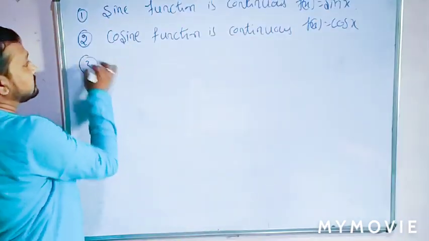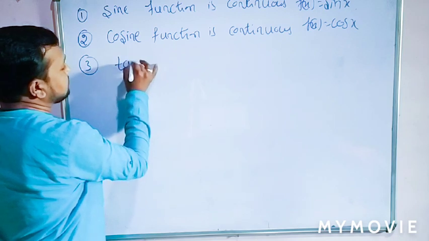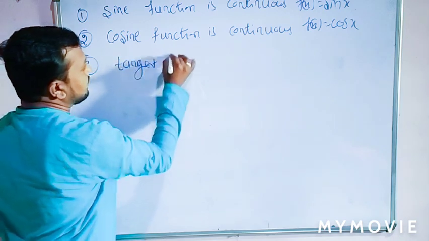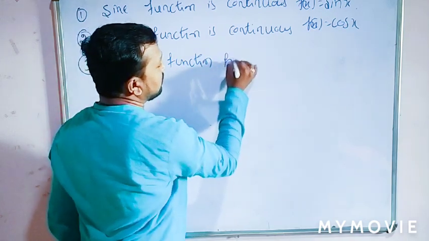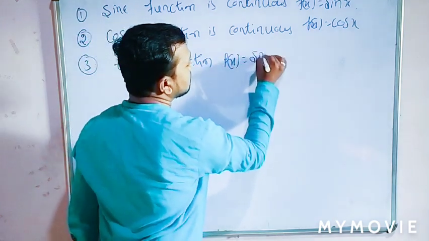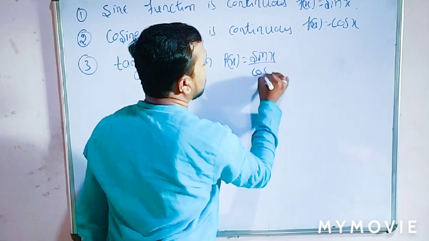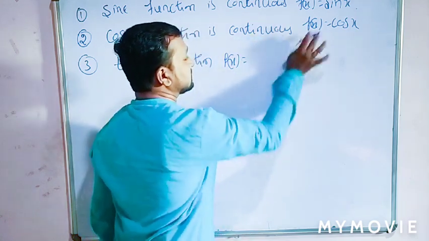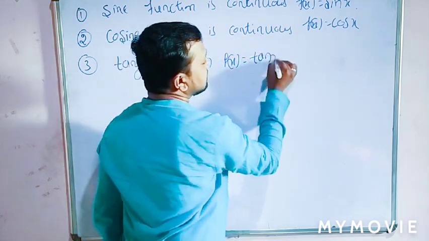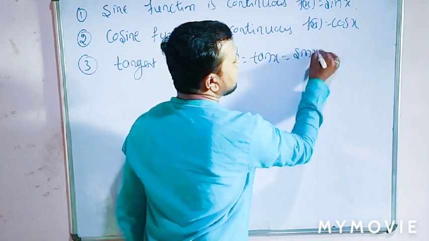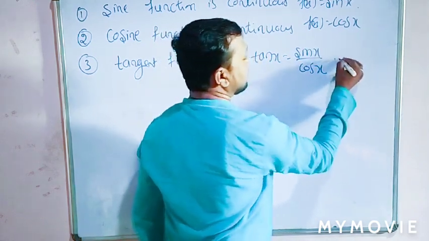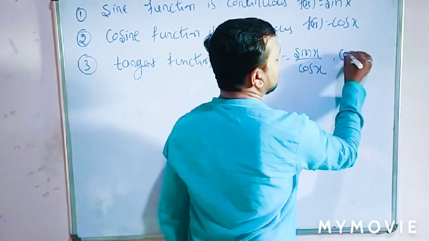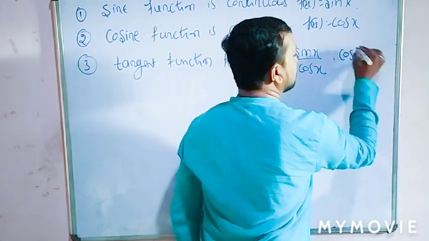And third one, the tangent function. f of x equal to sin x divided by cos x. So f of x equal to tan x, that is sin x divided by cos x, where cos x is not equal to 0.